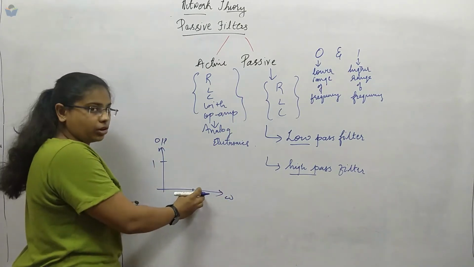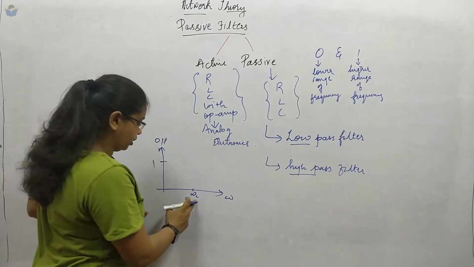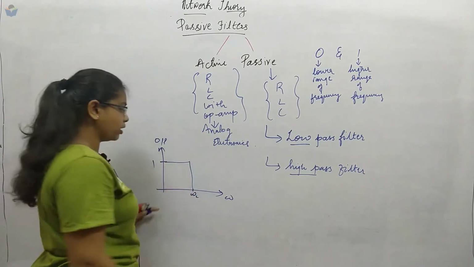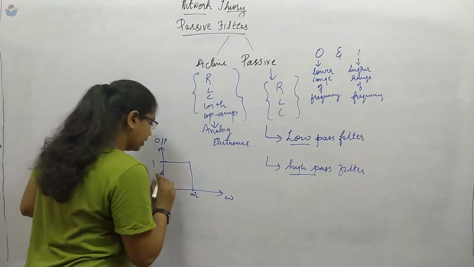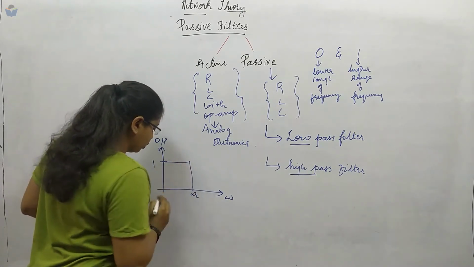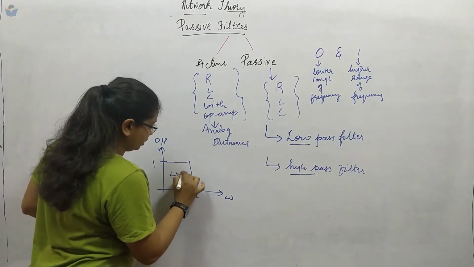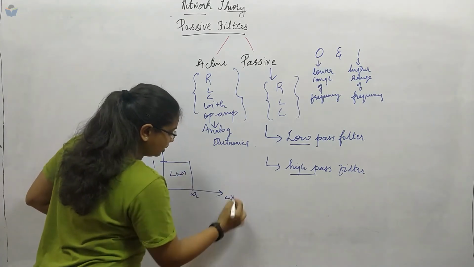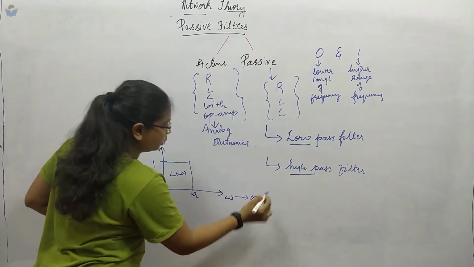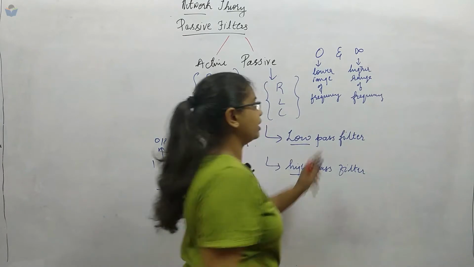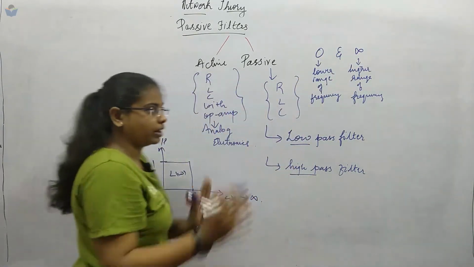We have seen this already in the resonance section. If in this range the plot comes something like this, then it is allowing the lower range of frequency. Instead of 1, let us take the higher range as infinite, so there won't be any confusion.